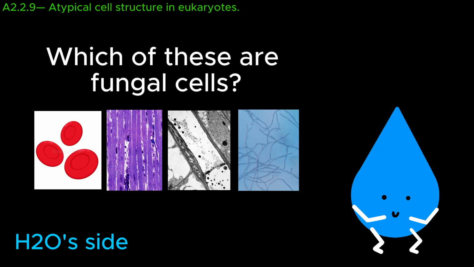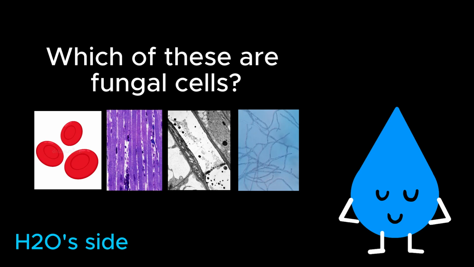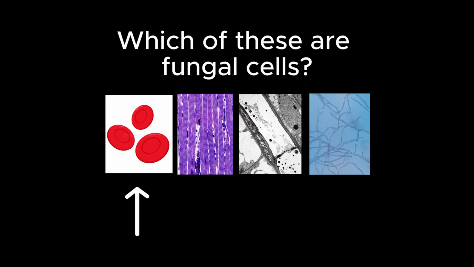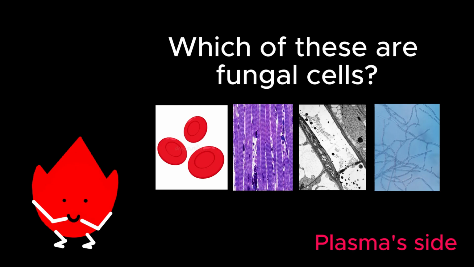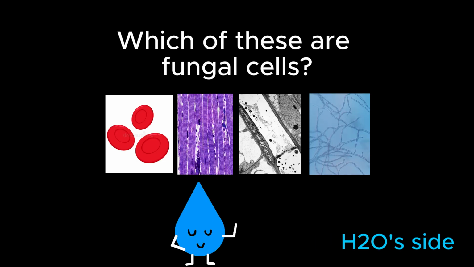Oh no, this is a hard question. They are all atypical cells. The first picture shows red blood cells which don't have nuclei. They are animal cells. The second picture shows skeletal muscle fibers, which are the cells that make up the muscles around your body. Are these even cells? They are really large cells with multiple nuclei.